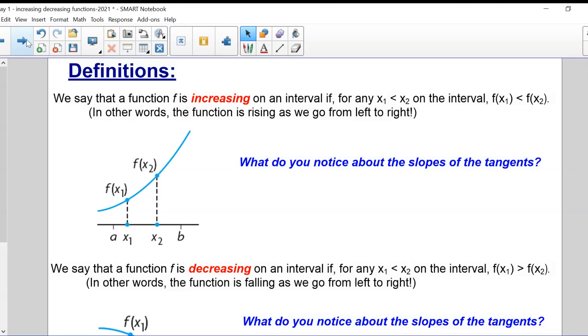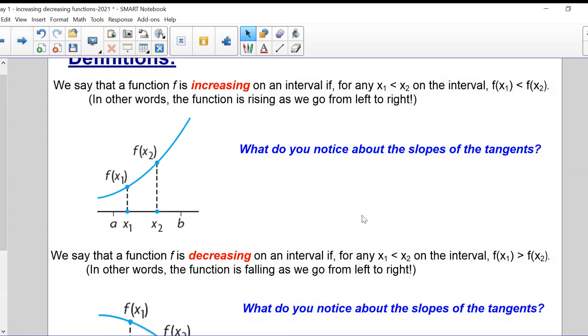So if x1 is less than x2, then y1 is less than y2. Big deal. All that's saying is that the function is going up as you go from left to right. It says it right there under all that complicated looking stuff.